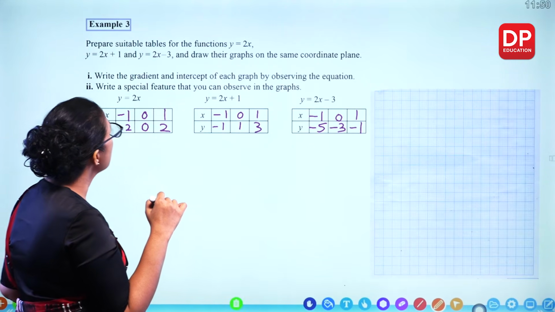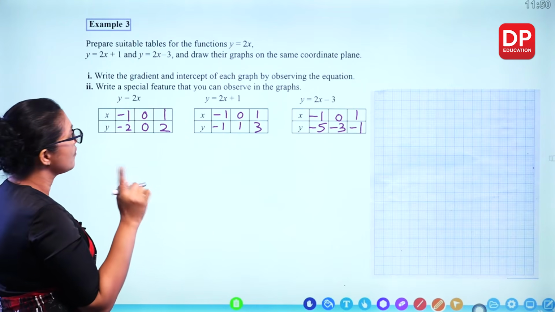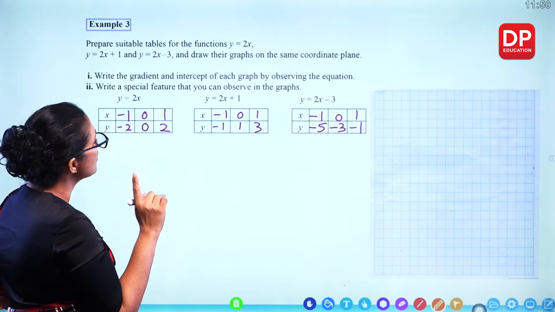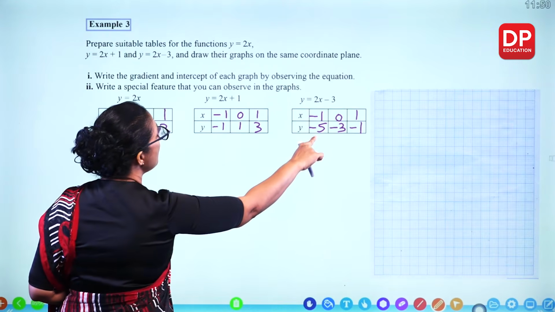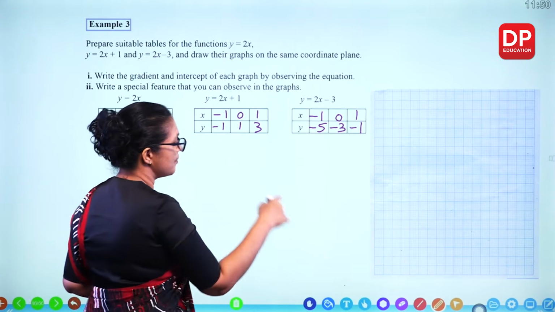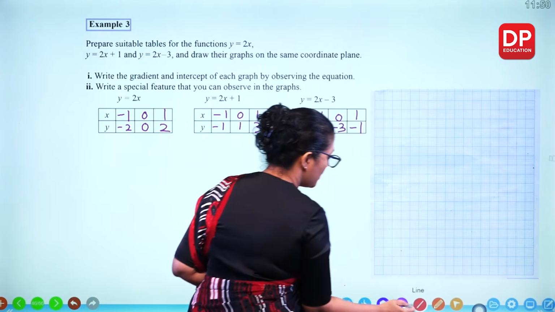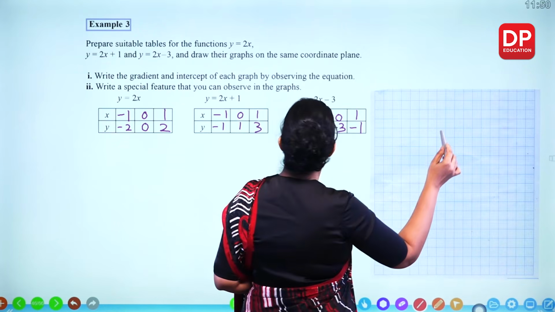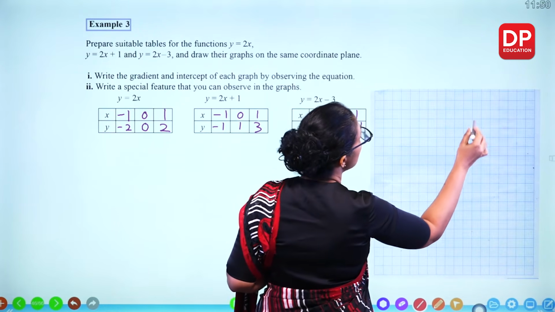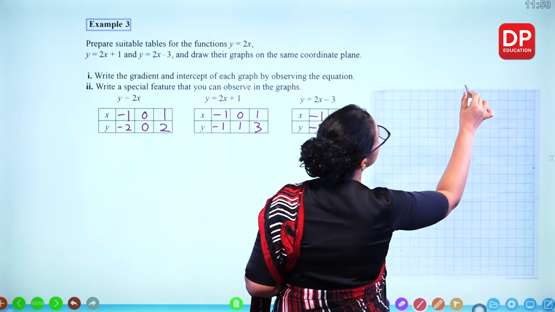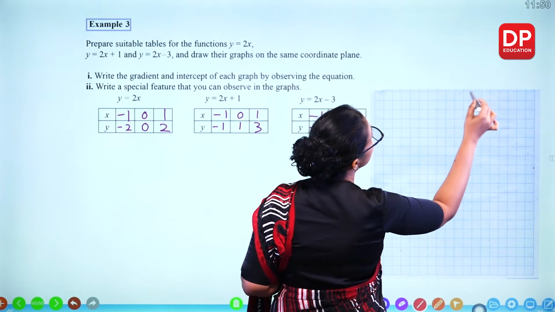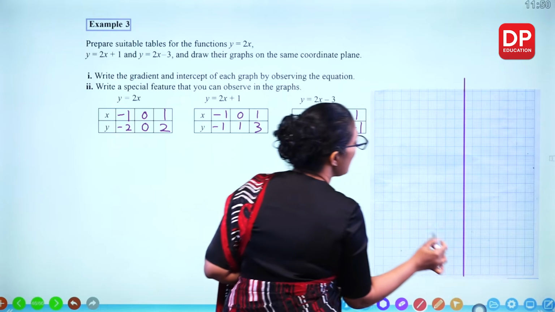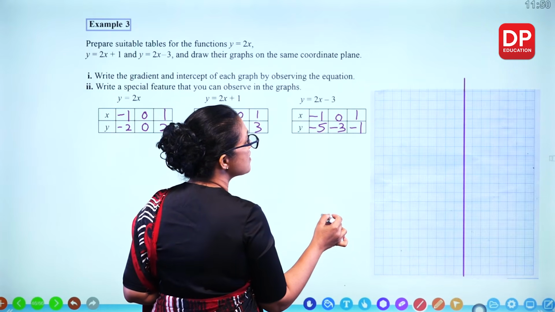Now we'll decide the scale. X -1 to 1, but y values -5 and 3. So we'll first take in the middle the y-axis and x-axis.